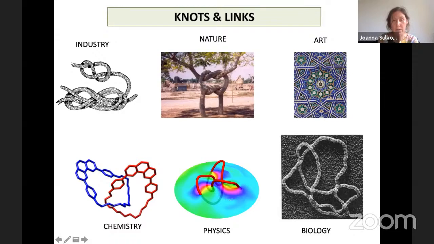Knots are very common in art, and you can see them in any part of the nice old buildings in Trieste. Knots are very common in chemistry. They are found in physics, and they exist in biology, in DNA.